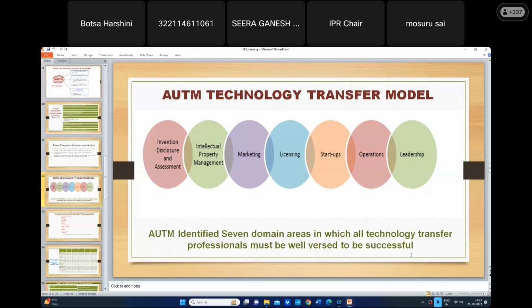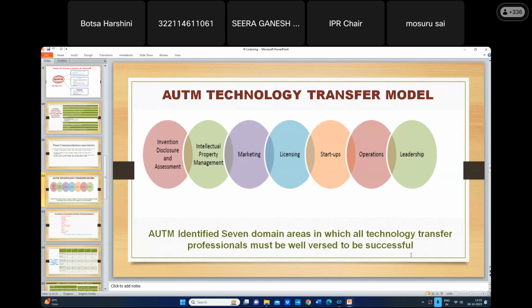Then somebody shows interest, and they negotiate the terms. Once it is licensed, the startup produces and sells, then operations are stabilized by capturing a larger market size. They become a market leader in that particular product or service.